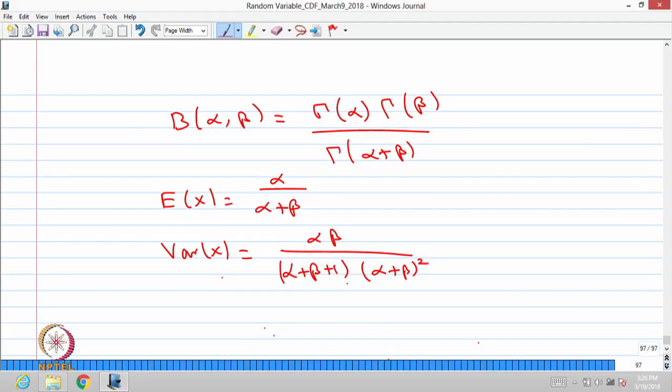The next standard distribution, that is number 5, is the Cauchy distribution.